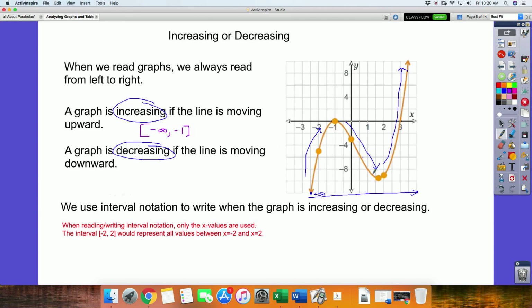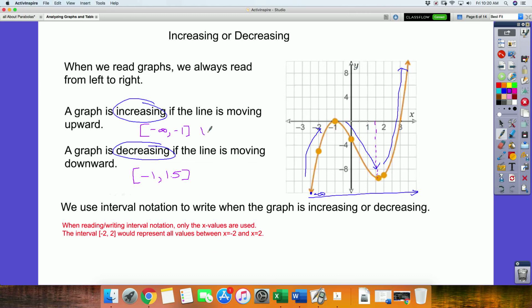Then our next chunk, as we see, it started going down. So for decreasing, it went from -1 down to about 1.5. Because remember, even though we're looking, we want the x coordinate, not the y.